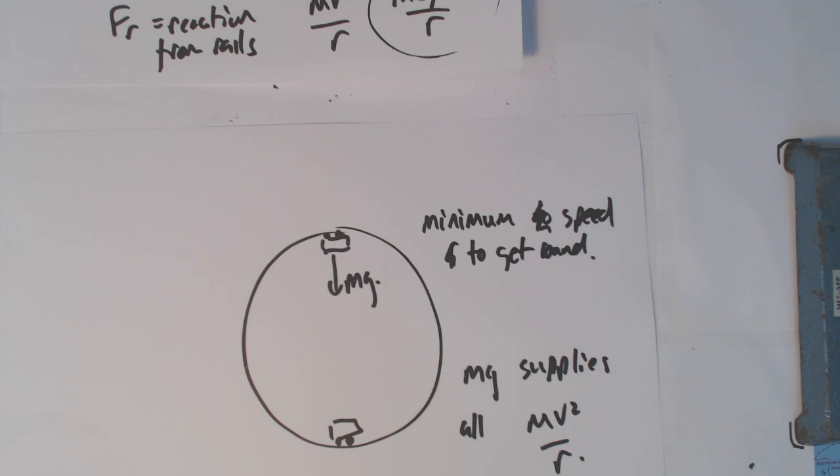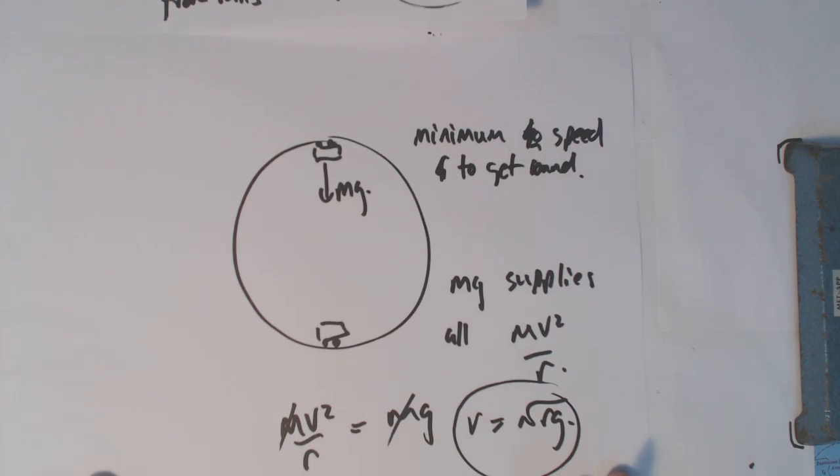That means there's no reaction force from the rails. So we can say at that point that mv squared over r equals mg. We can cancel the m's and we can say that v equals the square root of rg. That's the minimum speed.